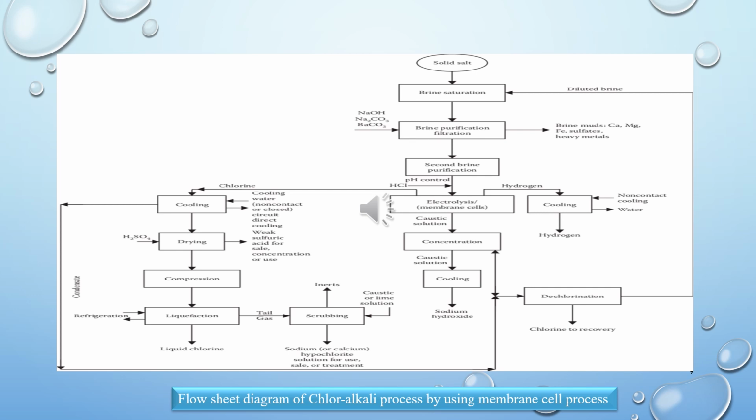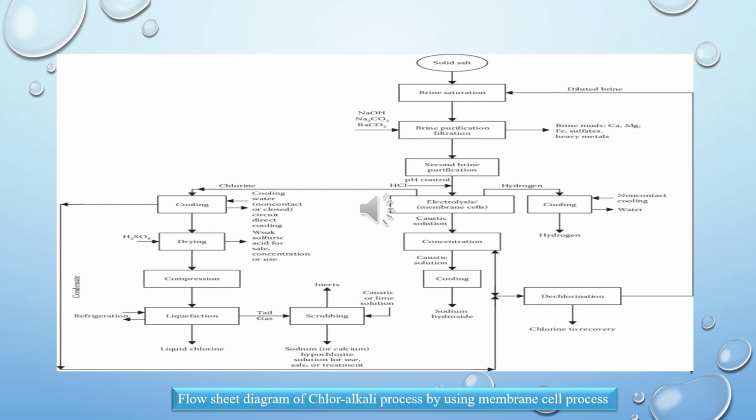In all of these cell processes, we have seen that there is the electrolysis of brine, then the production of sodium hydroxide and chlorine and hydrogen.